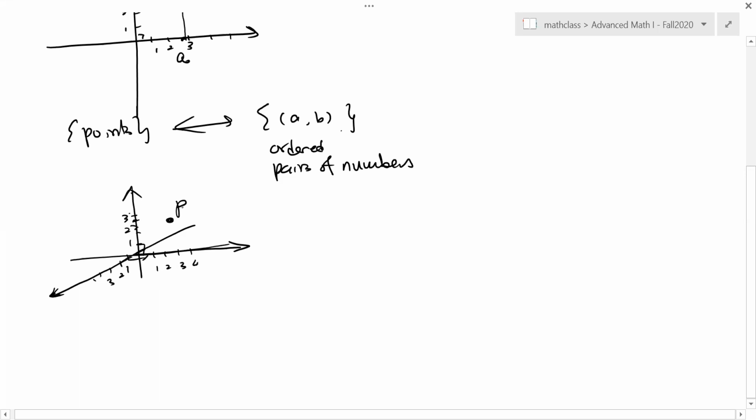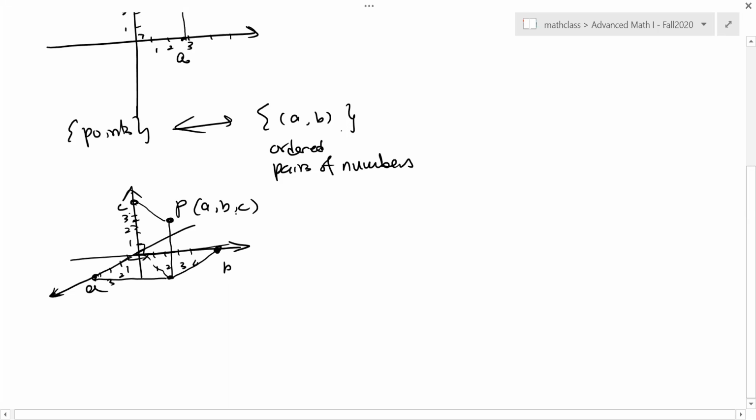So a point in the space you can describe by 3 numbers, not just 2, because it's a 3-dimensional space. You need three numbers to describe it. How do you do that? You draw a line parallel to this vertical line, and then you get a point in the plane. Then you draw the 2 lines here. If this number is A, that number is B, and this number is C, then you have 3 numbers to describe the location of this point.